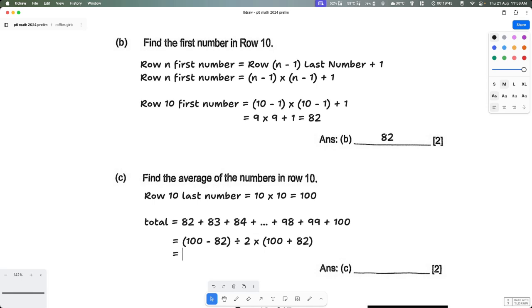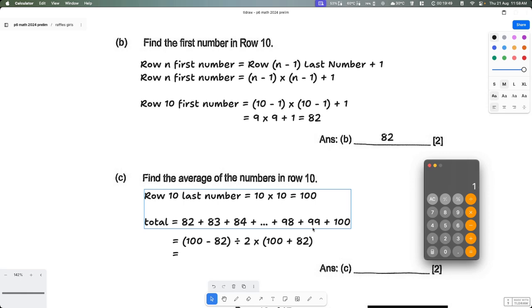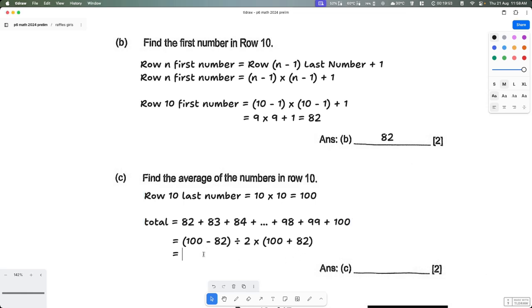Okay, so let's do this. 100 minus 82 is equal to 18. So 18 divided by 2, and then times 182.